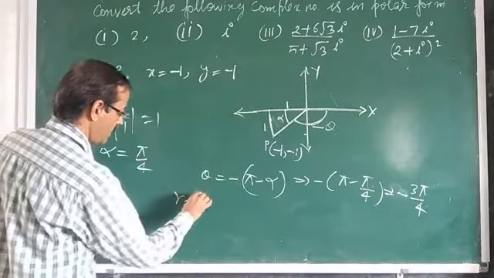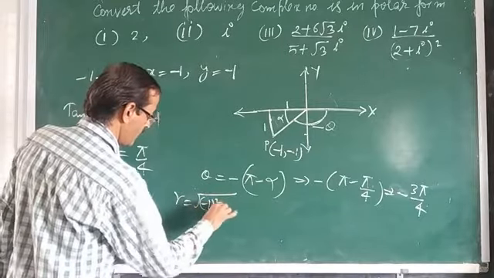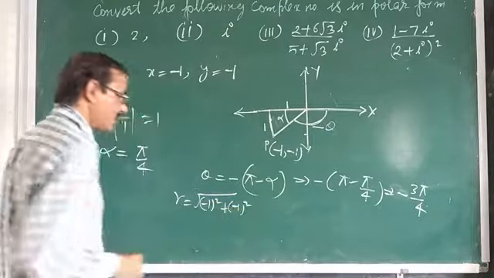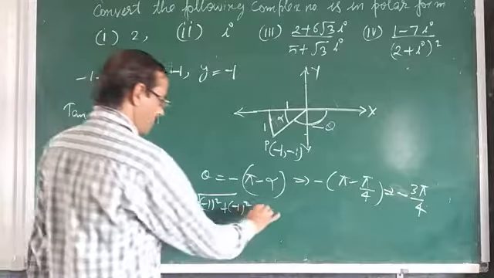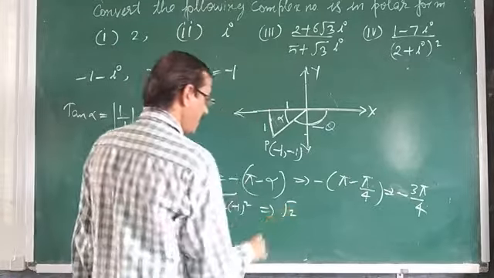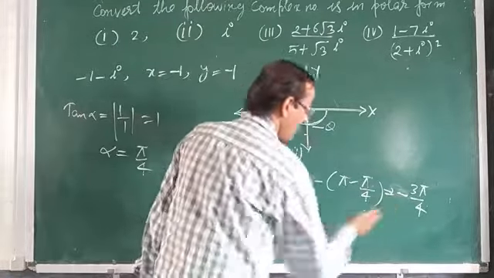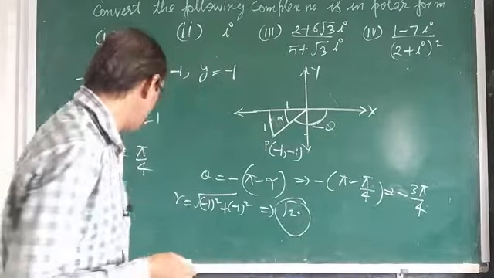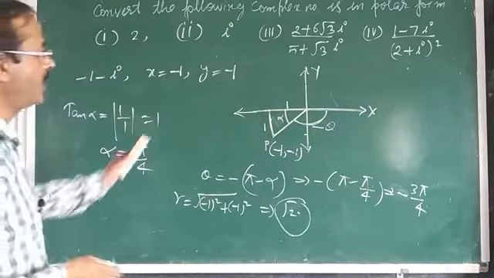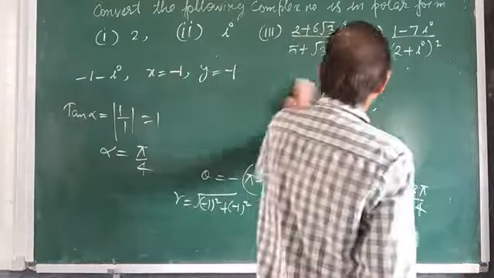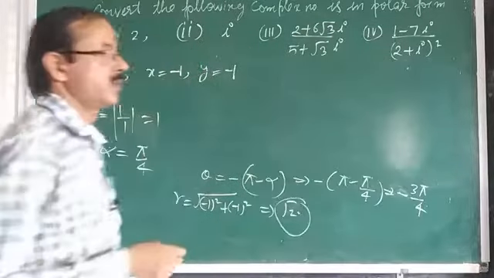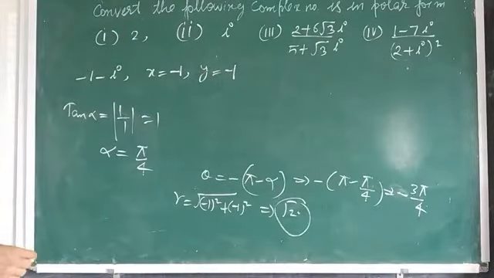And we will find r. r equal to under root x square plus y square. What will that be? Under root 2. So you got r and the argument angle, the argument of the complex number. Then we have to write the polar form. So polar form what will be?